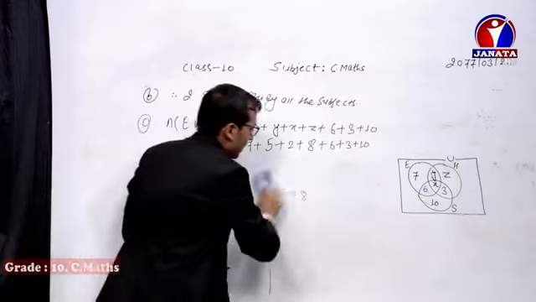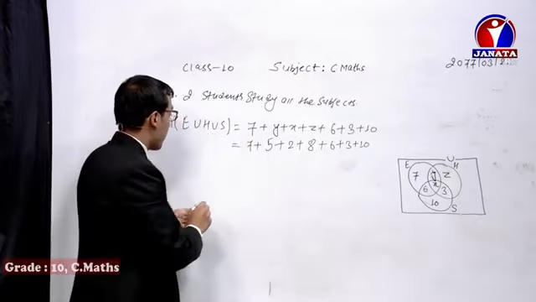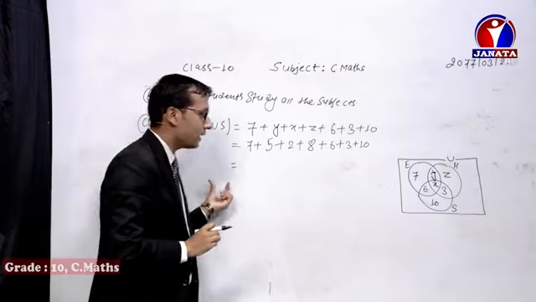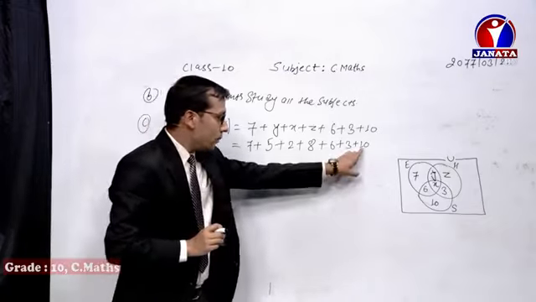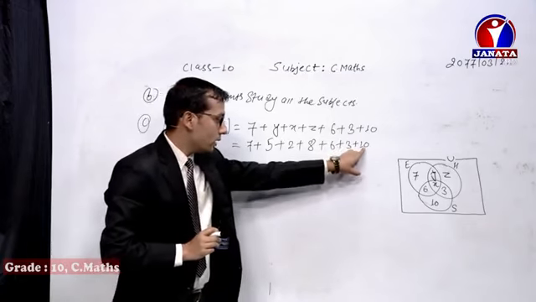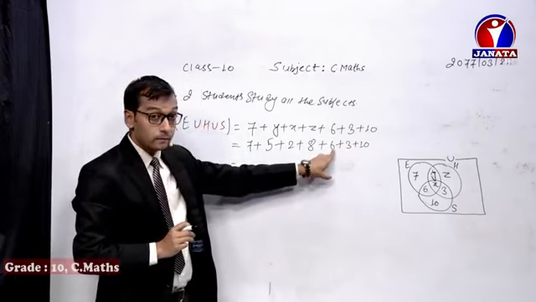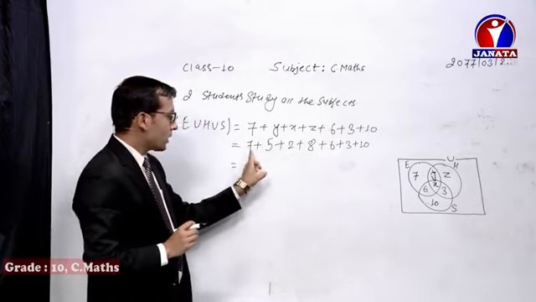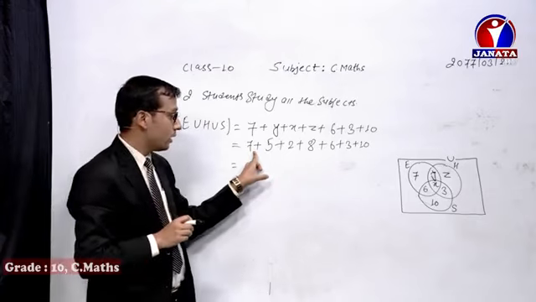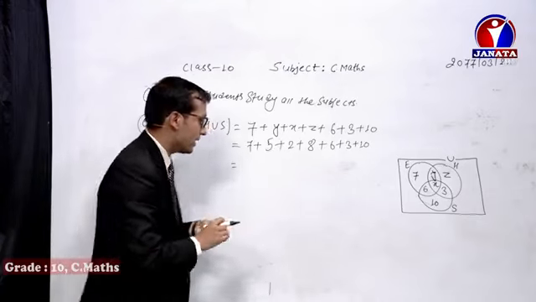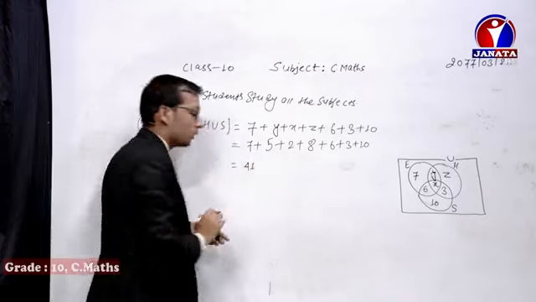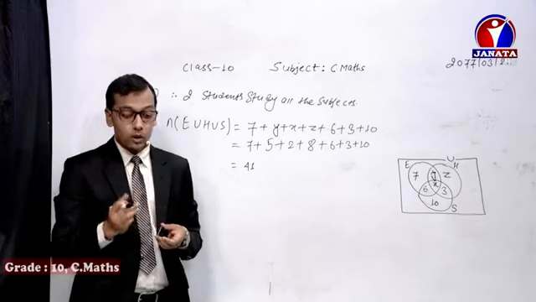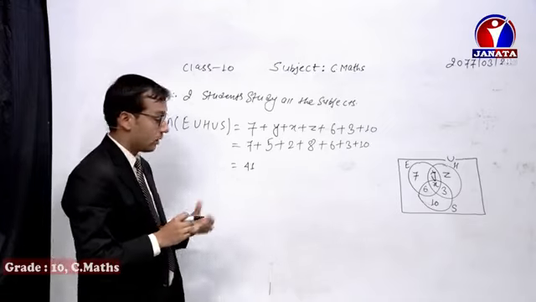So 10 plus 3 plus 6, 10 plus 6 is 16, plus 3 is 19, plus 7 is 26, 26 plus 5 plus 2 plus 8 gives 41. So in total there are 41 students in this survey.